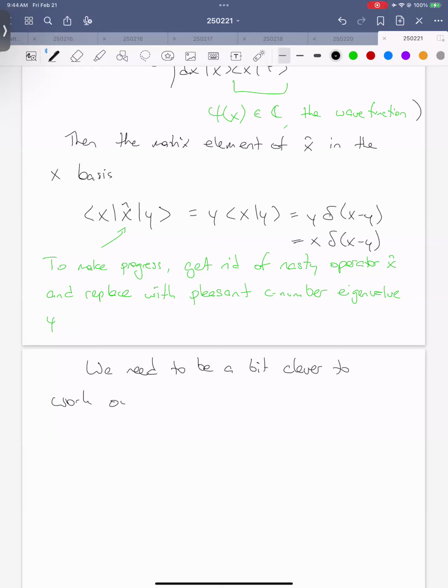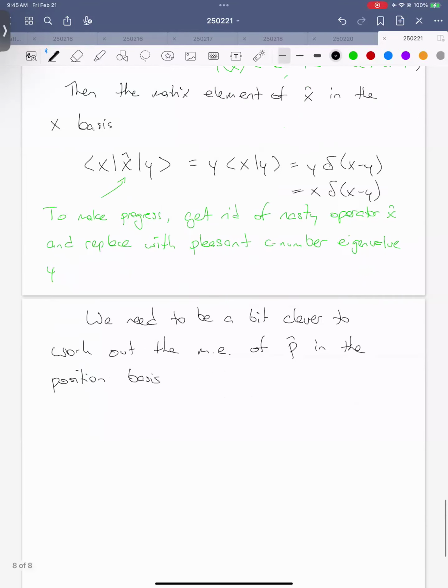Work out the matrix element of p hat in the position basis. And I'm going to do it in a slightly different way than what you worked through yesterday, or what you will work through in your homework in terms of finding x hat in the momentum basis, to give you just a different flavor of things. Both are equally fine.